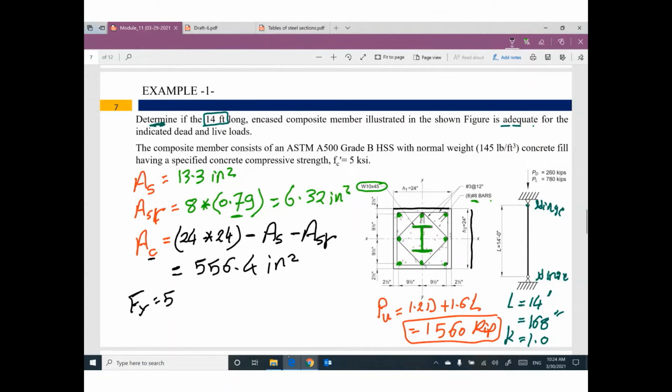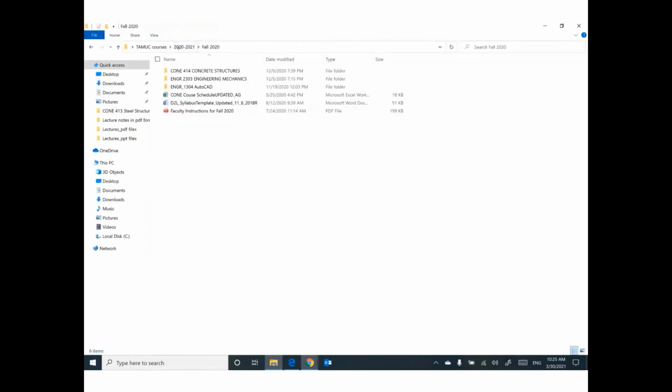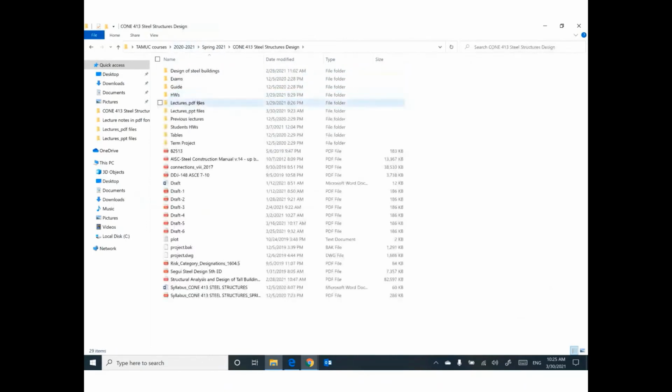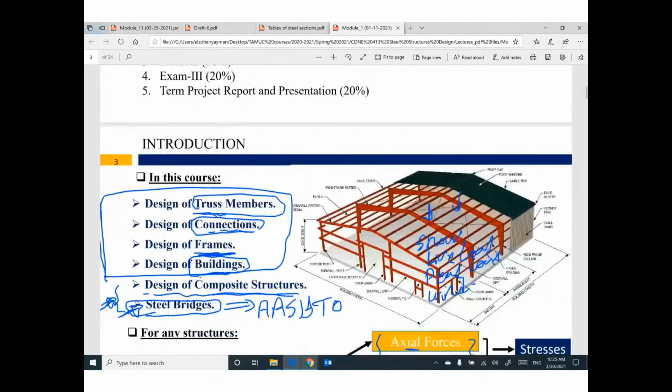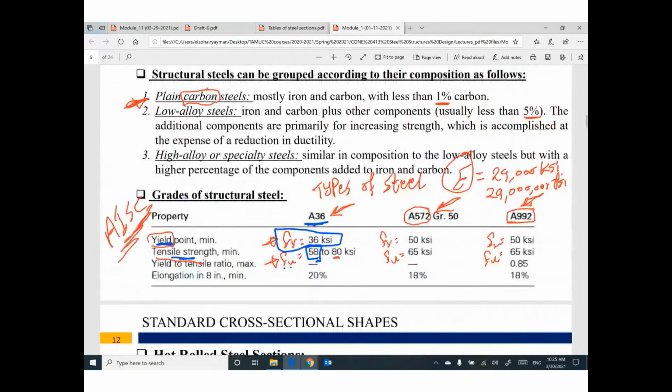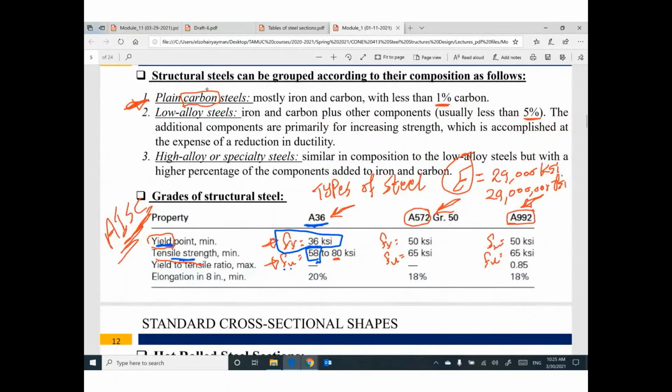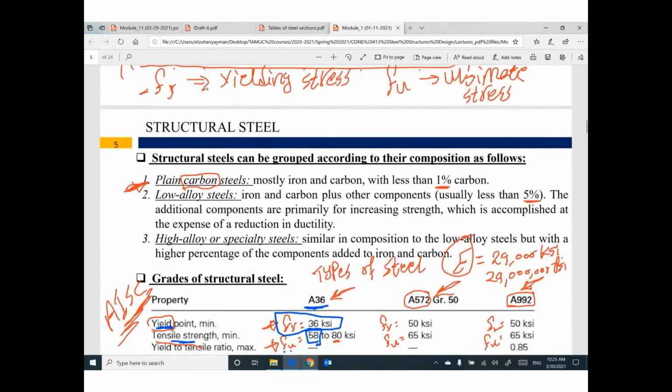So F yield equals 50 KSI. The steel is ASTM A500, I think it was in the first module in this course, but it's not available here.